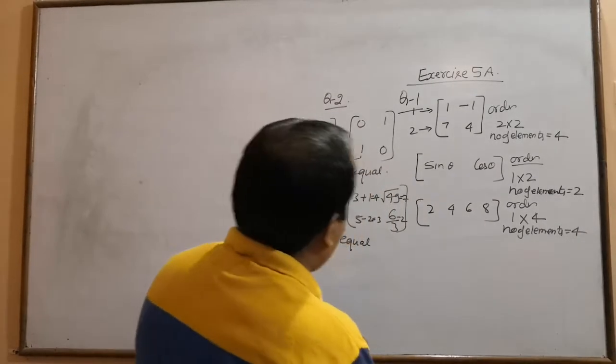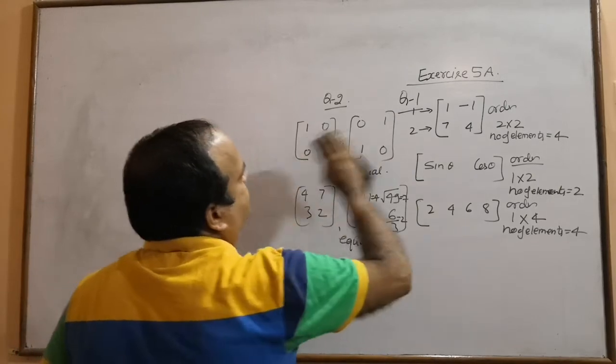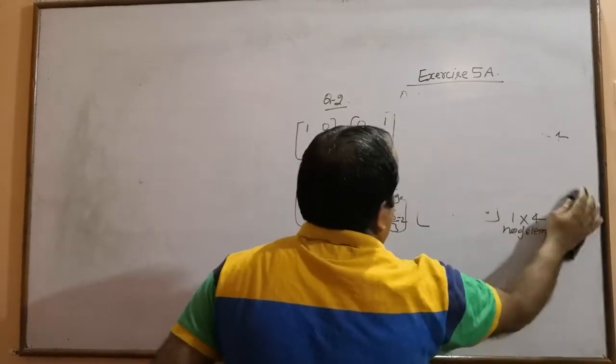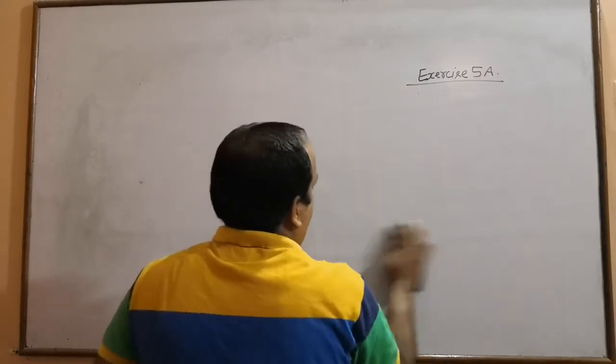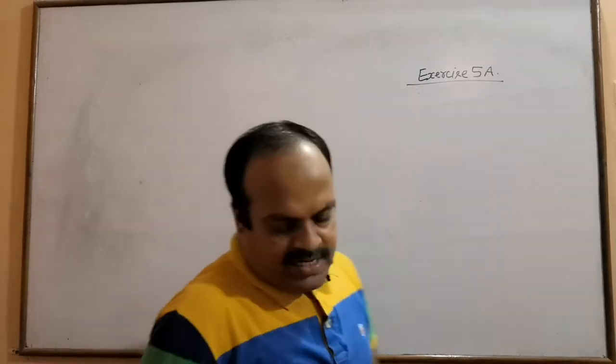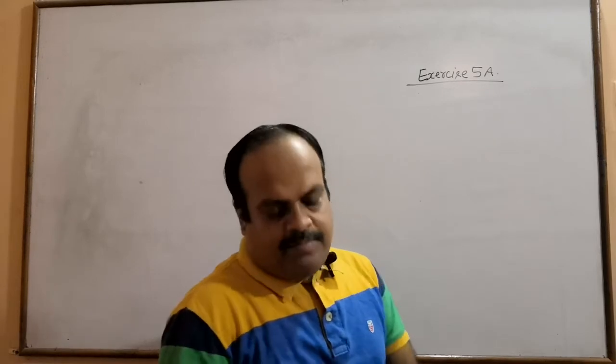Question number 3. We have a matrix in symbolic form.